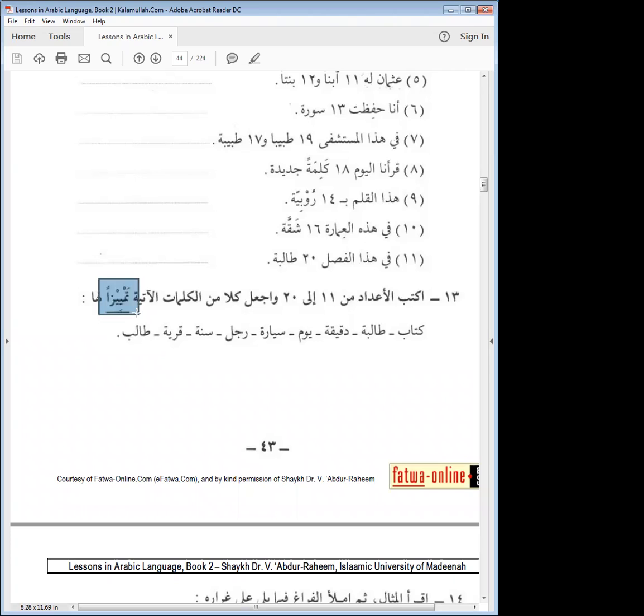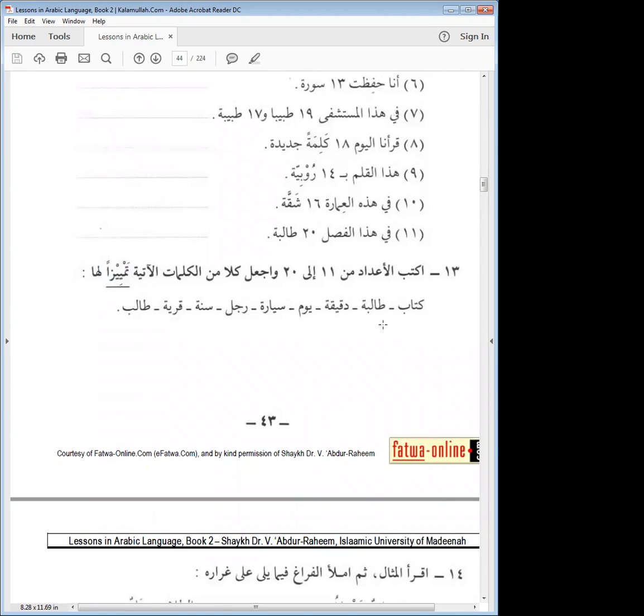Tamiz is the grammatical part of speech that will classify the ma'dud in the sentence. So here we have some words here.